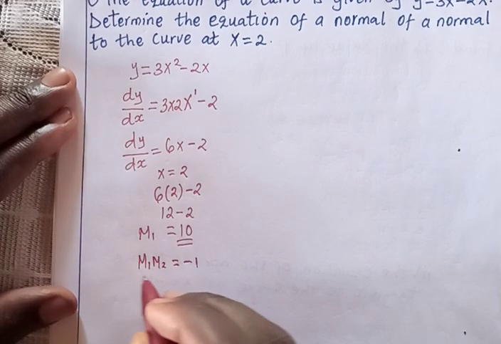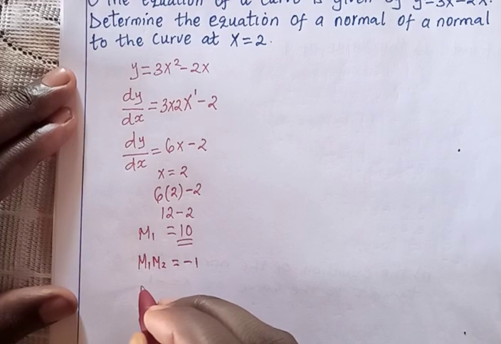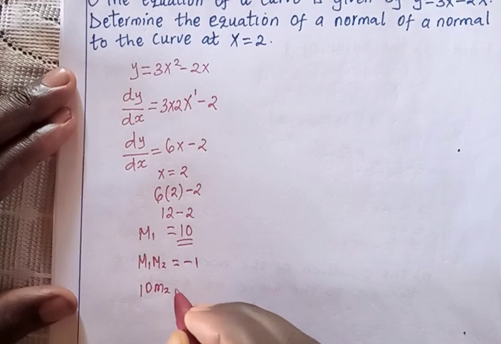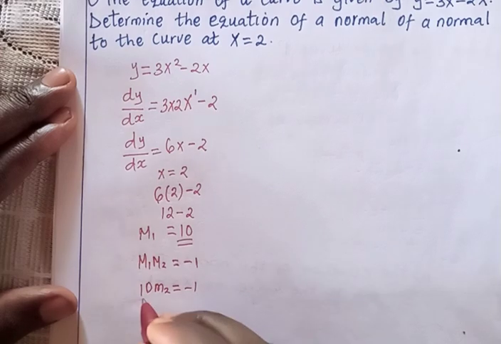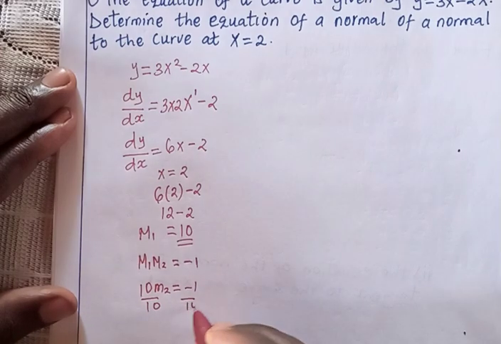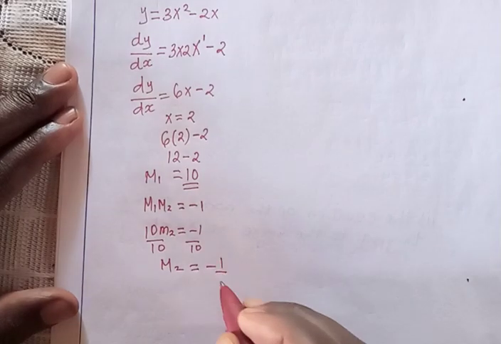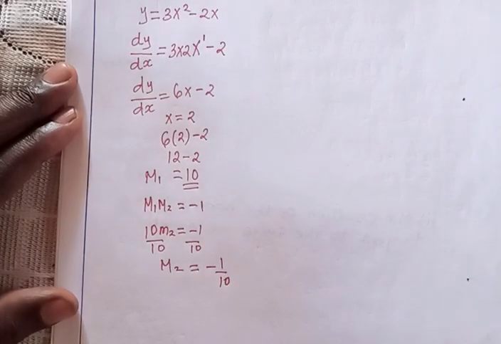Now that we have our m1, we substitute: 10 times m2 is equal to -1. We divide both sides by 10. So our m2 is -1/10.